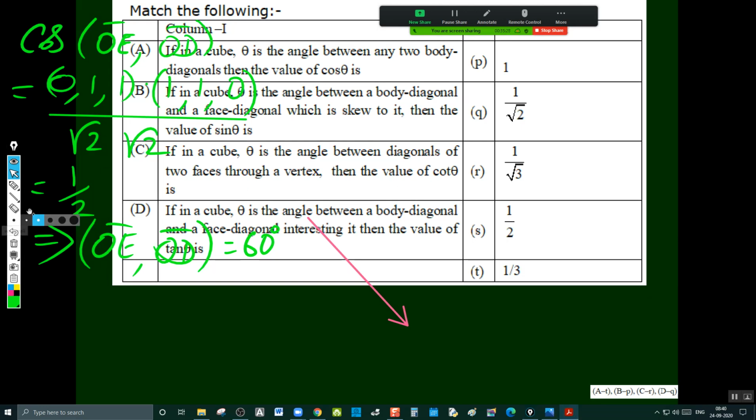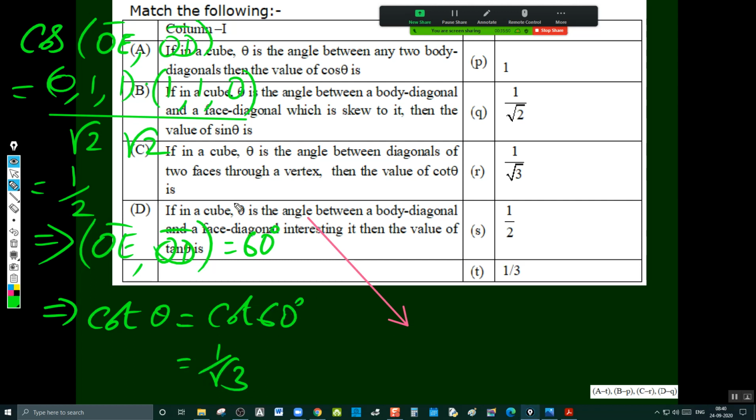Cot 60 is 1 by root 3. That's it. So for C it is R only.